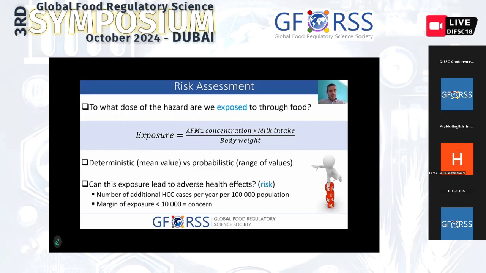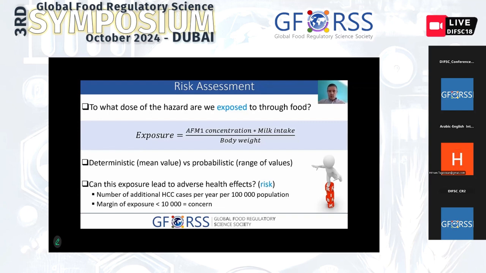That dose is expressed in nanogram per kilogram body weight per person per day. For all these parameters, we need data. And the data we have at our disposal will have a huge impact, in fact, on the type of risk assessment that we can carry out. But I'll explain in more detail on the next slide.